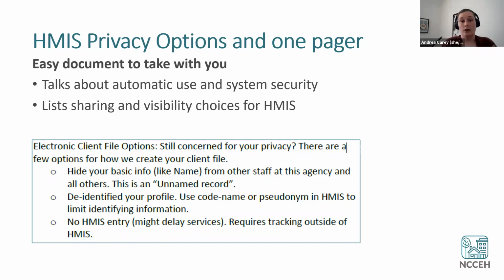But if not, there are some follow-up options for how much to limit information being visible to other partners. And so we also go through the basic options within HMIS. What can we do to your electronic client file to hide information from other folks in the system?